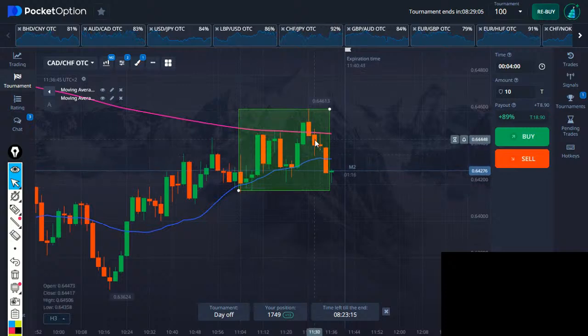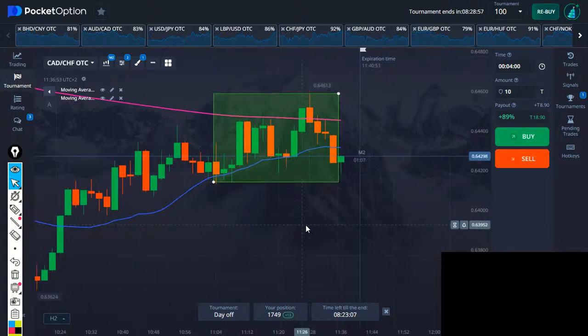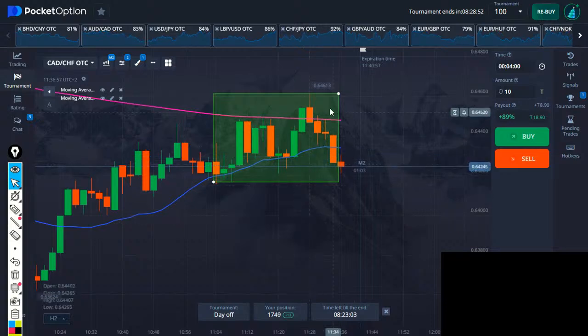In this case we have 1 2 3 4 5 6 7 8 9 10 11 12 13 14. We are good. So you will have a clear swing high and swing low strictly in this narrow state.